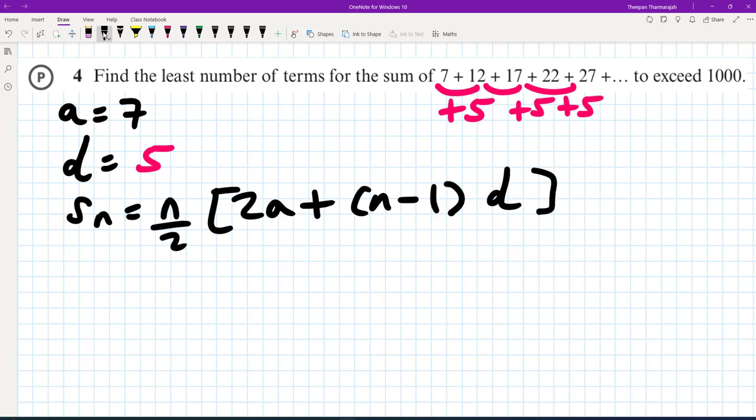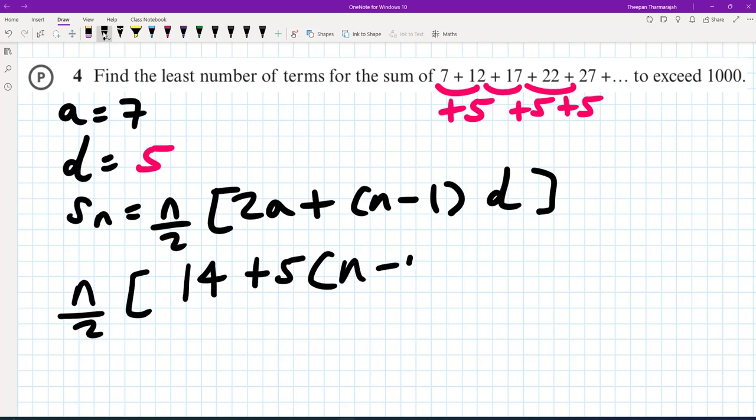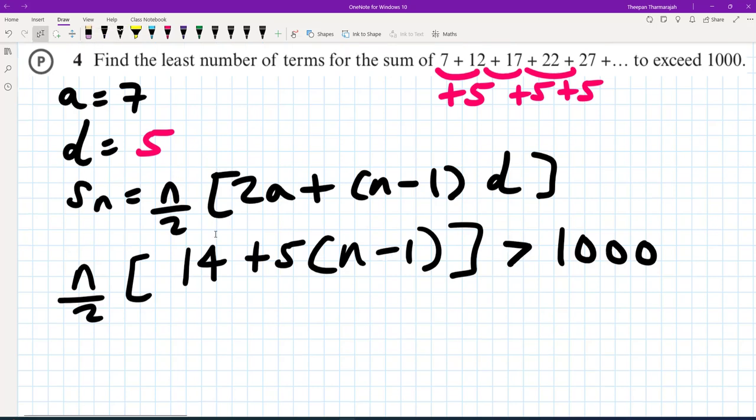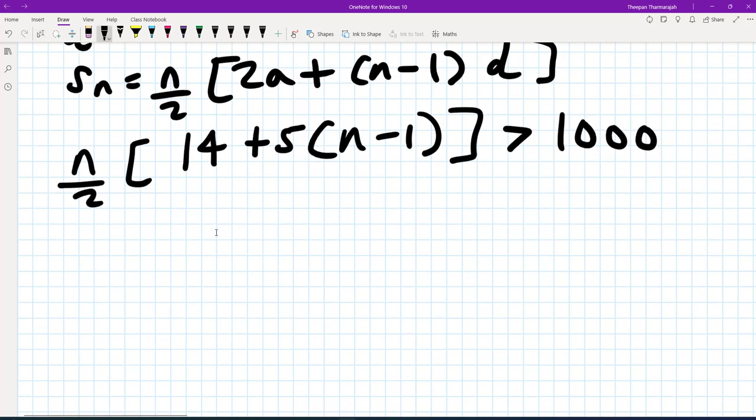So in our case, we want n over 2, double the first term, so we get 14, plus 5 times n minus 1 is strictly greater than 1,000. Let's write that here. And then we're going to solve via the quadratic formula. So let's times everything by 2 first of all.